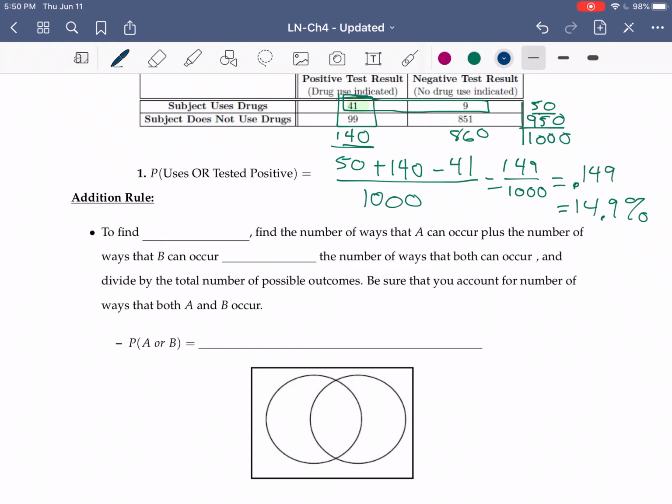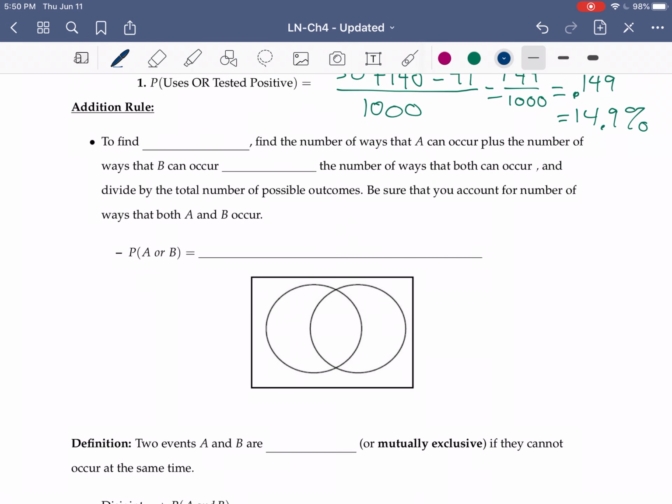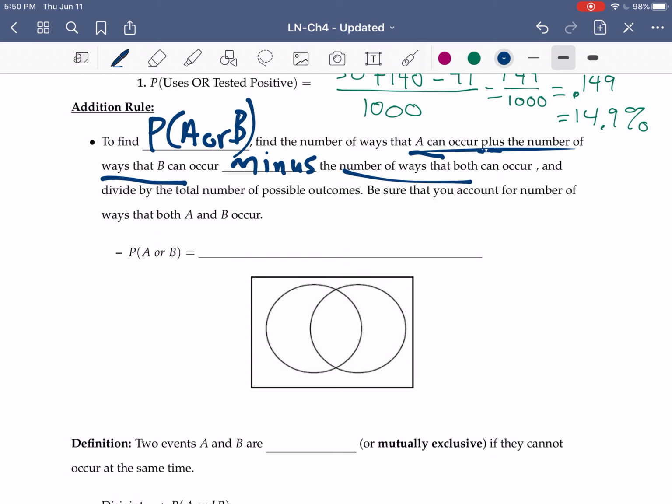So let's talk about what the addition rule does, how we do that in general. In general, to find the probability of A or B, where A is some event and B is some event, we want to find the total number of ways that event A can occur, plus the number of ways that event B can occur, and then subtract out the number of ways that both can occur.